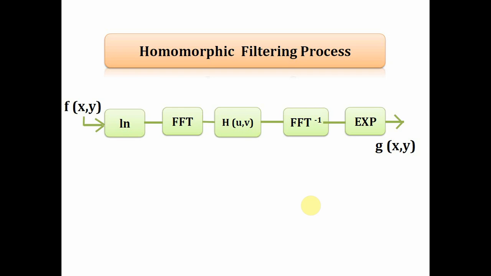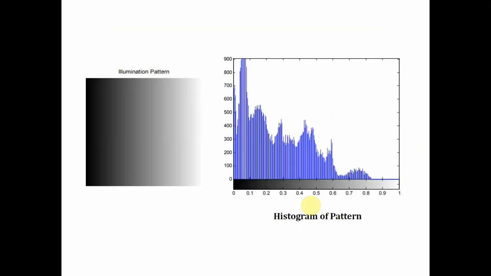Now what are the applications of homomorphic filtering? For example, suppose you have an illumination pattern. If you consider this as the y-axis and this as the x-axis, it will go from 0 to L minus 1 on both axes. If you get the histogram, now what is the histogram? The histogram is nothing but the probability of occurrence of a pixel in the image.